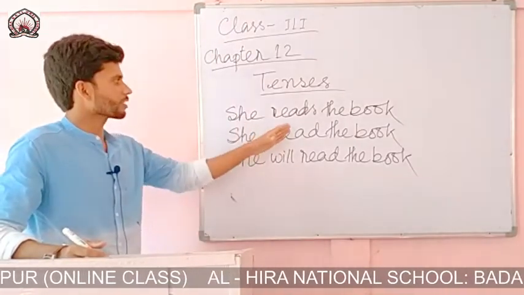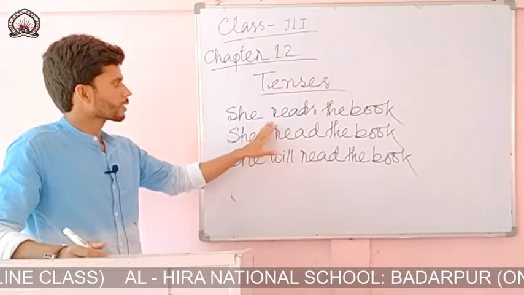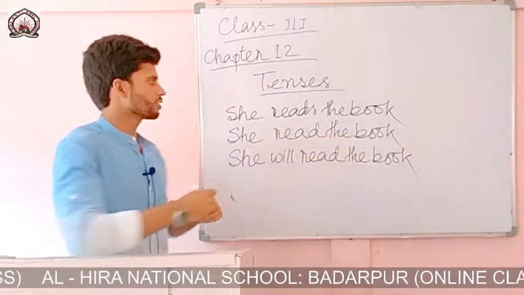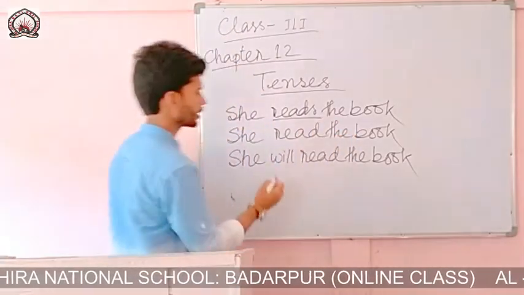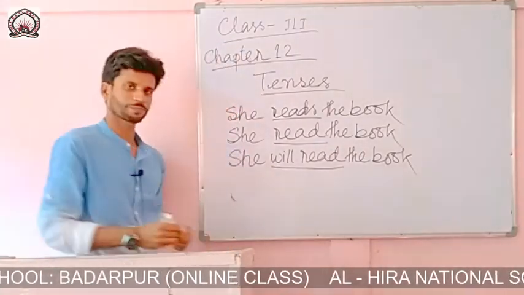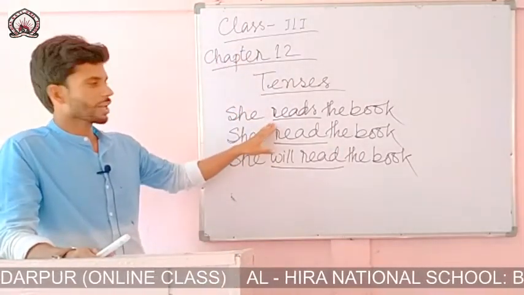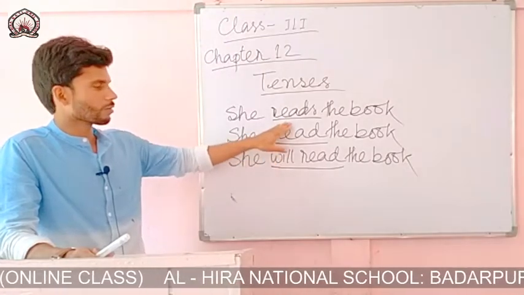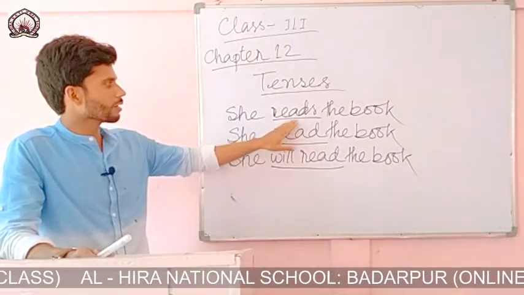So see the first sentence first. She reads the book. This is the verb. Read. Here this is the verb. And here again this part is verb. So when I wrote the first one, what did I write? She reads the book.